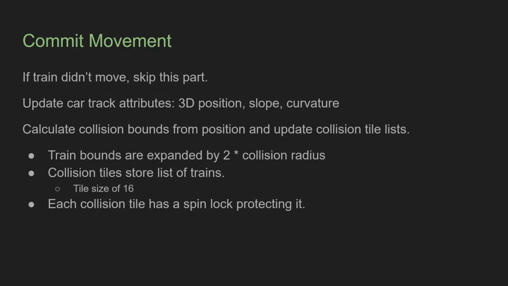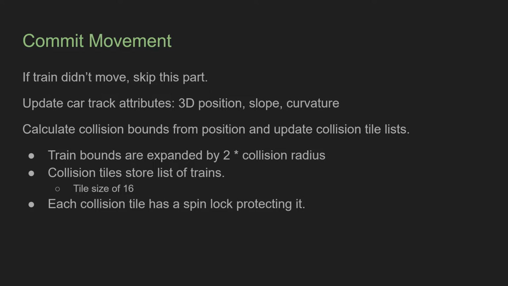The collision acceleration structure is just a grid of tiles, and the trains that are in a tile are added to that tile, where the bounding box of the train is also expanded by 2 times the collision radius. This allows for a single point query to determine all of the trains that are potentially collidable.